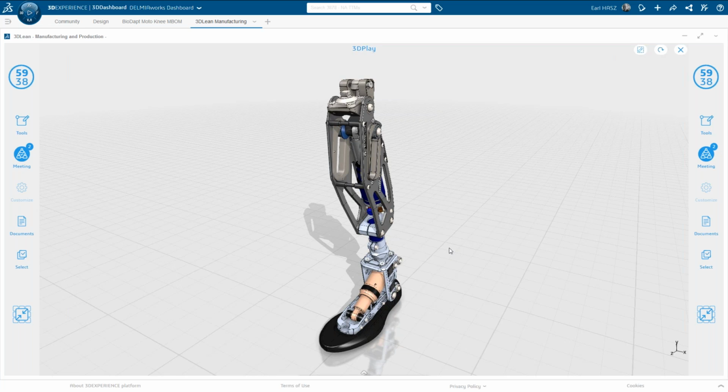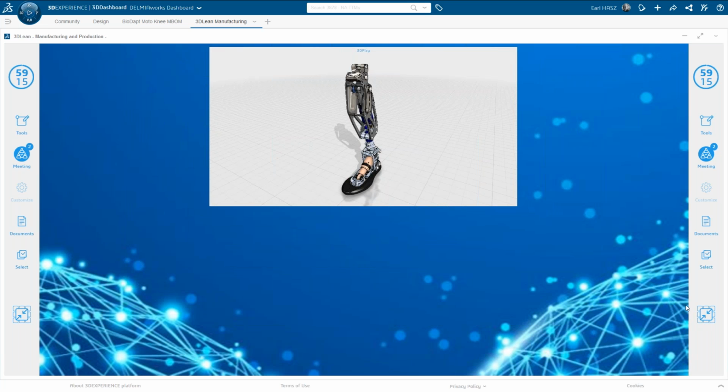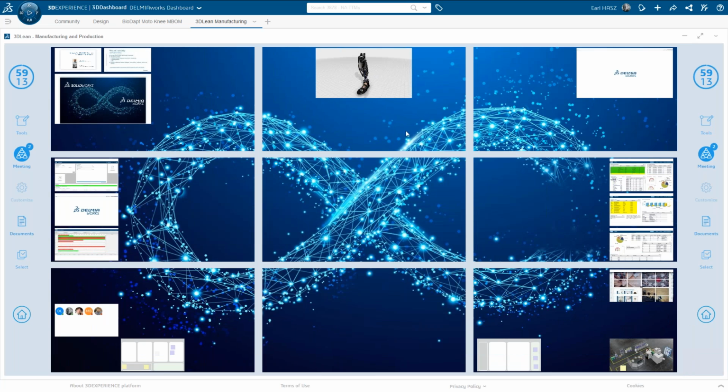It's a leg that is used for the active outdoors person who is an amputee, but also has an active lifestyle, motorcycling, cycling, skiing, whatever it may be. This is an active leg that people would work with. Okay, so let's have a look at how that all fits together.